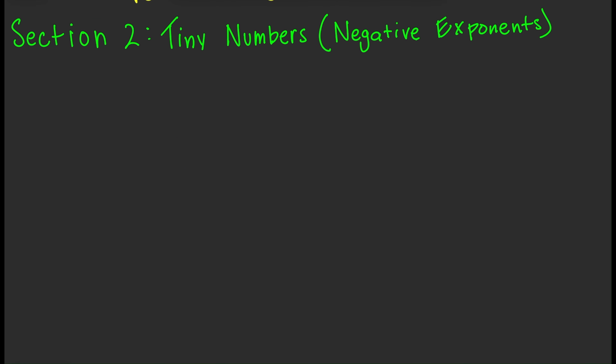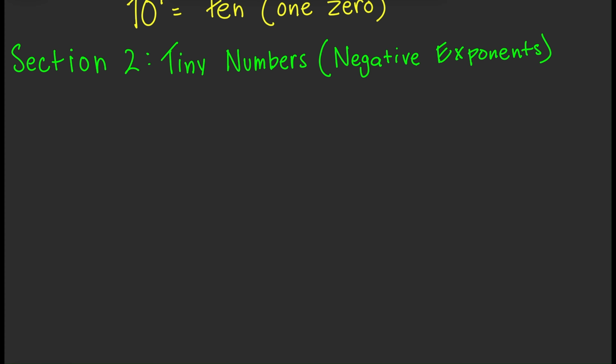In biotech, we often work with tiny amounts like a 1,000th of a gram, and we write this with a negative sign, 10 to the negative 3. So let's write out our number first: 0.001. This is a 1,000th of a gram.